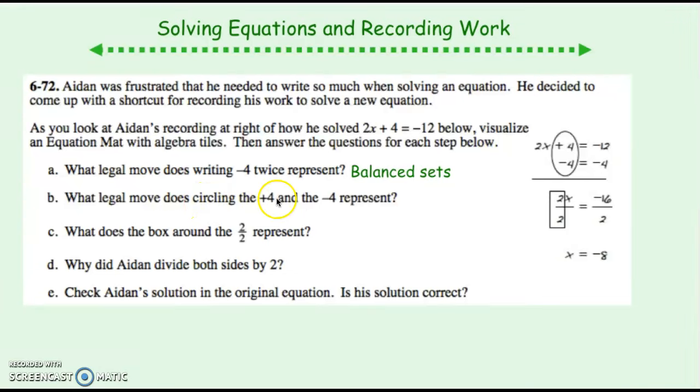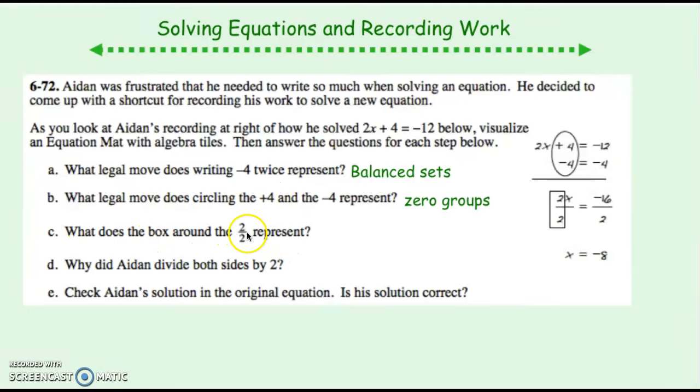What legal move does circling the 4 and the negative 4 represent? That would mean I'm doing zero groups, because a positive 4 and a negative 4 would end up with zeros.